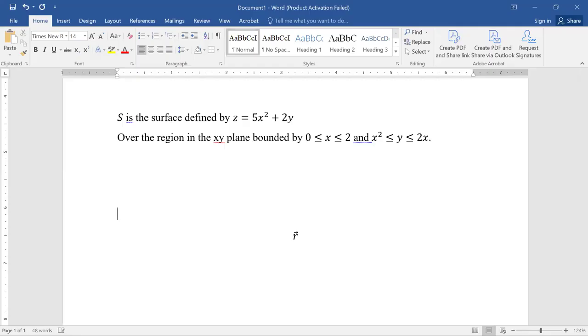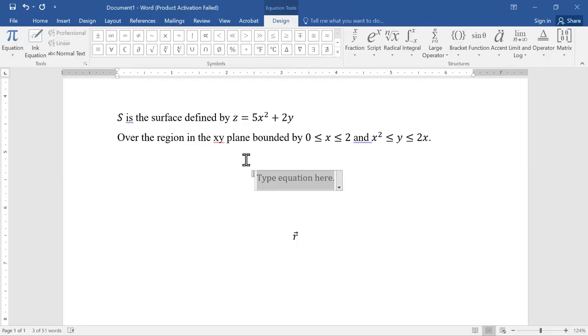Now, the first thing we have to realize is that when we do bounds on u and v, we want these bounds to be numerical. And for x, that's perfectly fine. X is from 0 to 2, so we can let u be equal to x once again. And then let u go from 0 to 2.